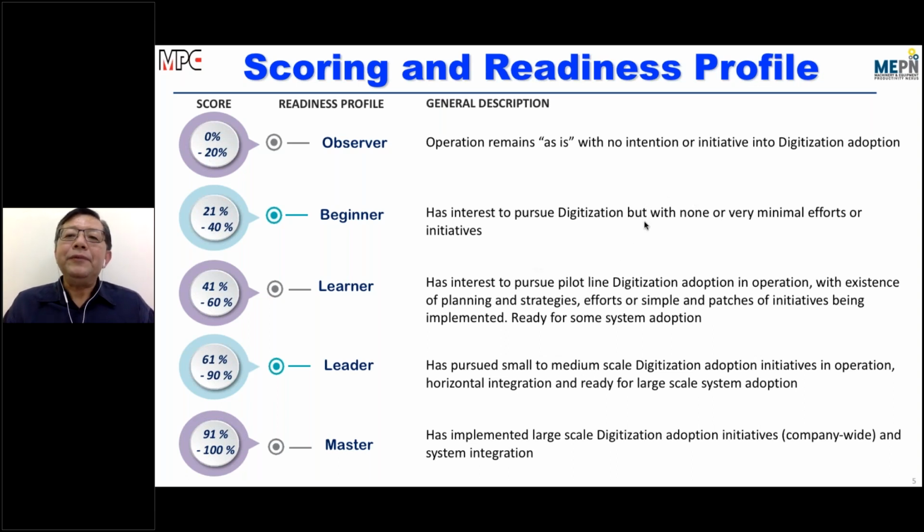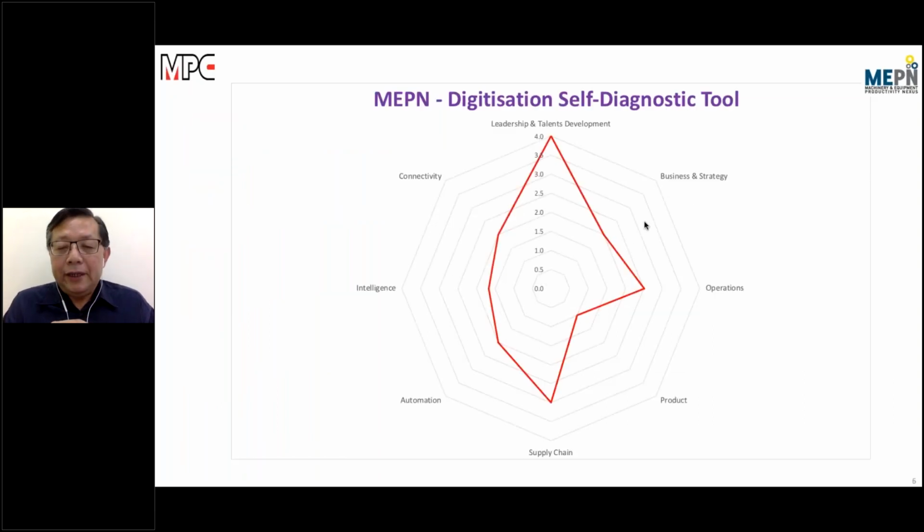So the next one, when you fill in the diagnostic questionnaire, only 15 questions, you will get the spider chart, which means the radar chart that you can see here. This chart is divided into the areas that you filled in just now, the X sectors.